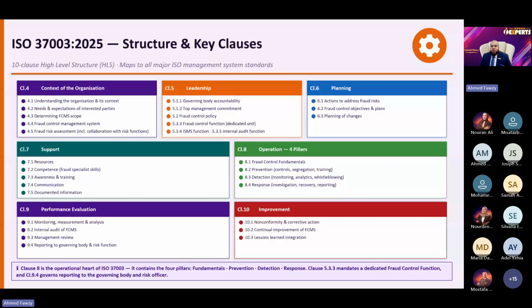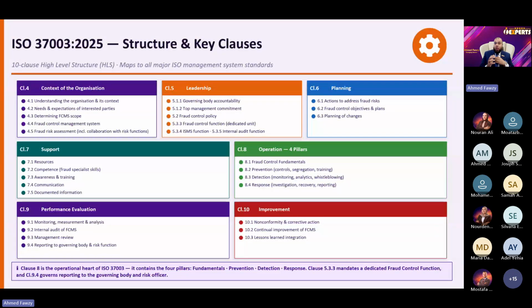Number 9, it goes without saying, repeats the internal audit, 9.2, and of course monitoring, measurement, analysis, the metrics. 9.2, the internal audit for the fraud control management system. 9.3, the management review, yearly or biannual. But remember, we have an extra one: 9.4, reporting for the governing body and risk function. It can be dual reporting, for the quality of the fraud management system.